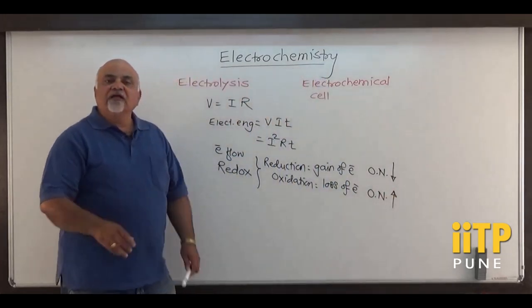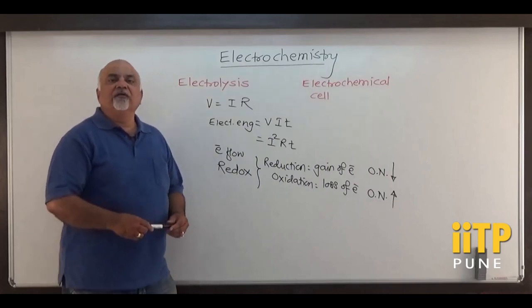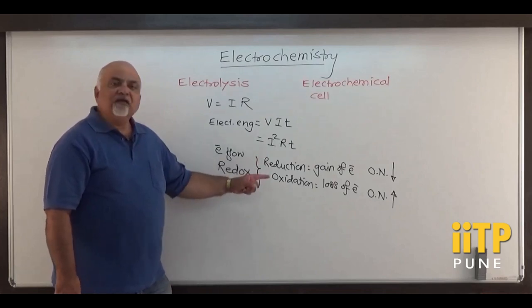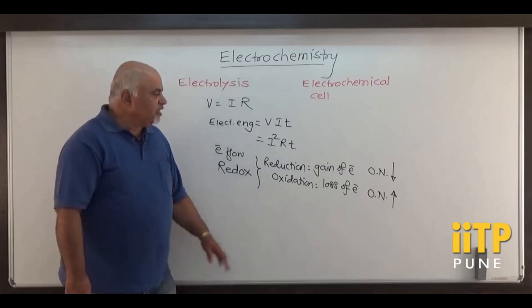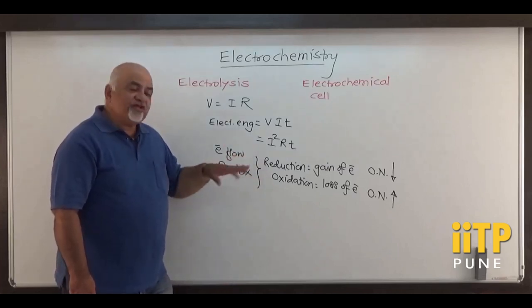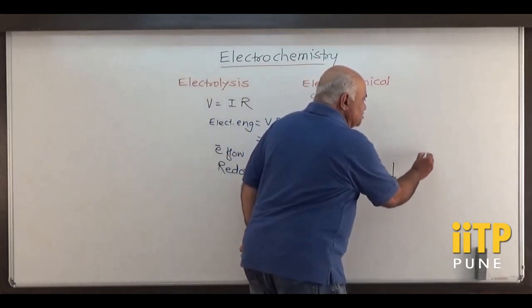Oxidation number is a relative charge on a single atom involved in a molecule or radical. So reduction happening with a gain of electron, oxidation happening with a loss of electron. This process is called redox reaction, which can be spontaneous or non-spontaneous.